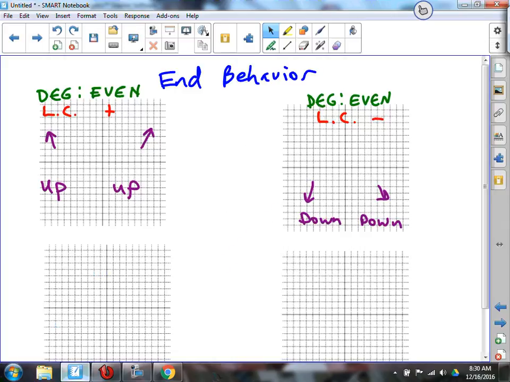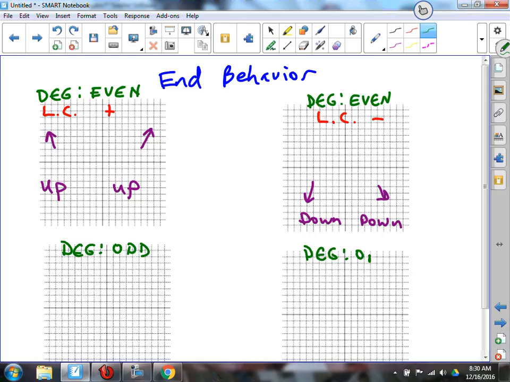So the deal is, if our degree is odd and the leading coefficient is positive, we're going to have the same thing that we have with a line. The graph's going to be heading downward on the left and upward on the right. And what would we call this end behavior? Down, up.